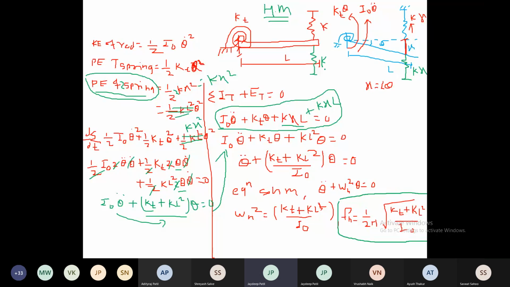Again, the upper spring pulls the rod in upward direction and this lower spring pushes the rod in upward direction. Means both act in upward direction. Okay. So in the equilibrium method you have to add kxl plus kxl. Now the moment of the torque due to one spring and another spring you will get here. Same, potential energy of two springs, you will get here kx square, and you have to solve it. Okay.